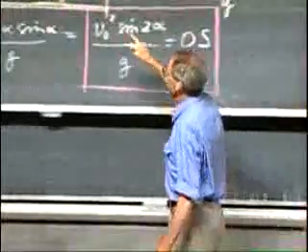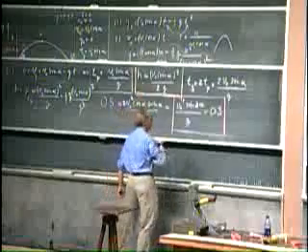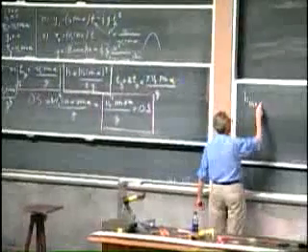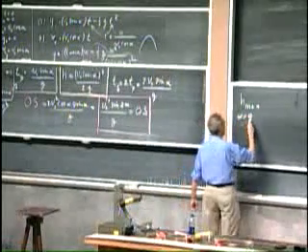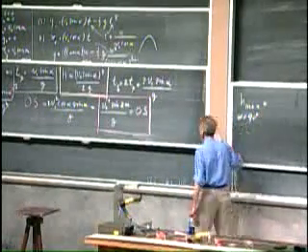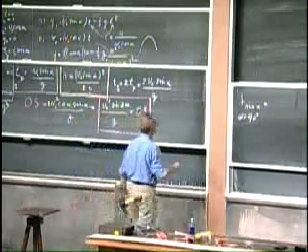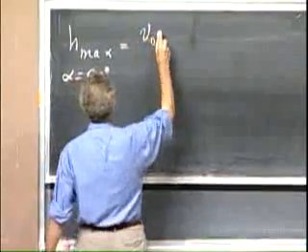If I shoot an object vertically up, that is the maximum value that it can go. It's going to be alpha equals 90 degrees, then the sine of alpha is 1, then the height is V0 squared divided by 2g.